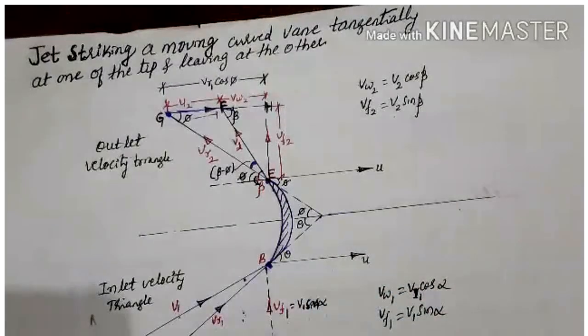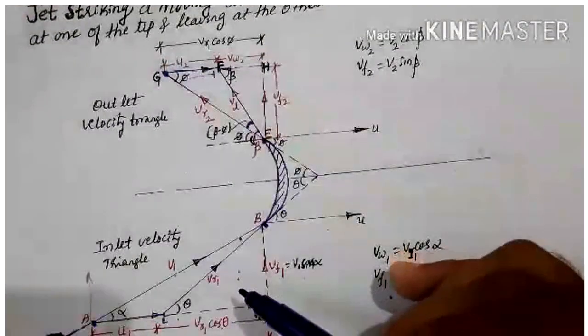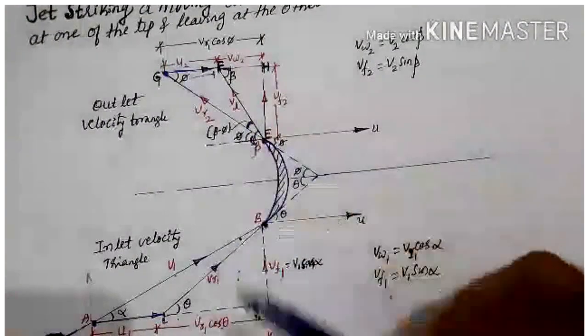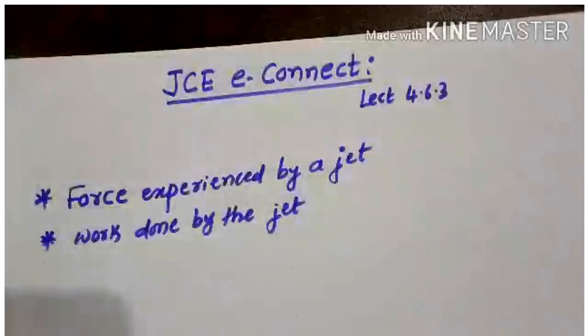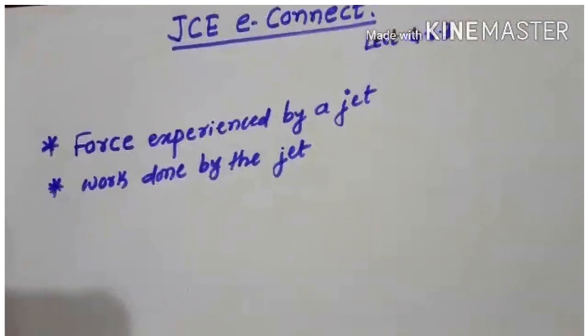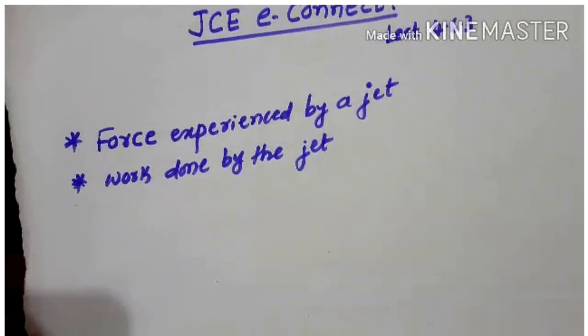Once we construct the velocity triangles at inlet and outlet, then with respect to these two triangles, we have to calculate the force experienced by the jet on the vane. We have to apply the impulse momentum principle here also.